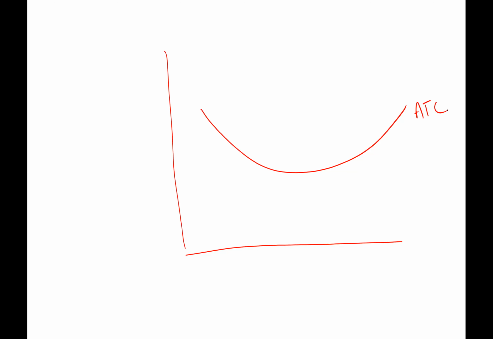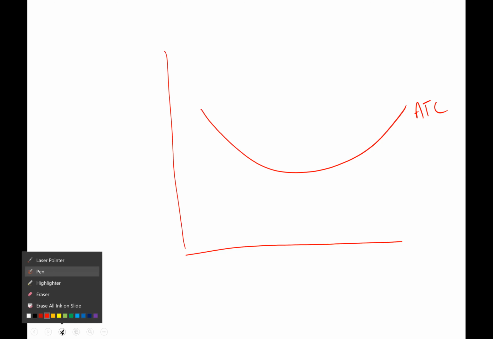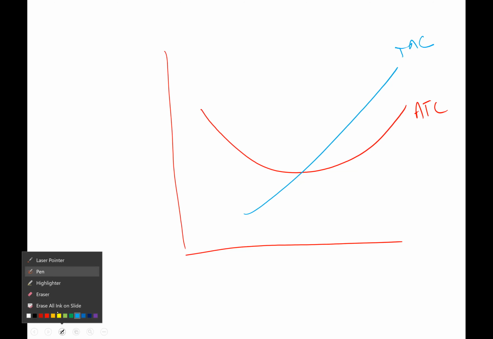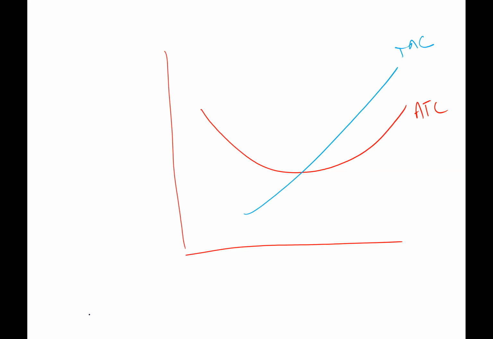ATC is a U-shaped curve, and marginal cost crosses the ATC at its minimum, which is called the efficient scale, right? And now let's draw the monopoly revenue curves, which means price and MR. So let's first draw the price.